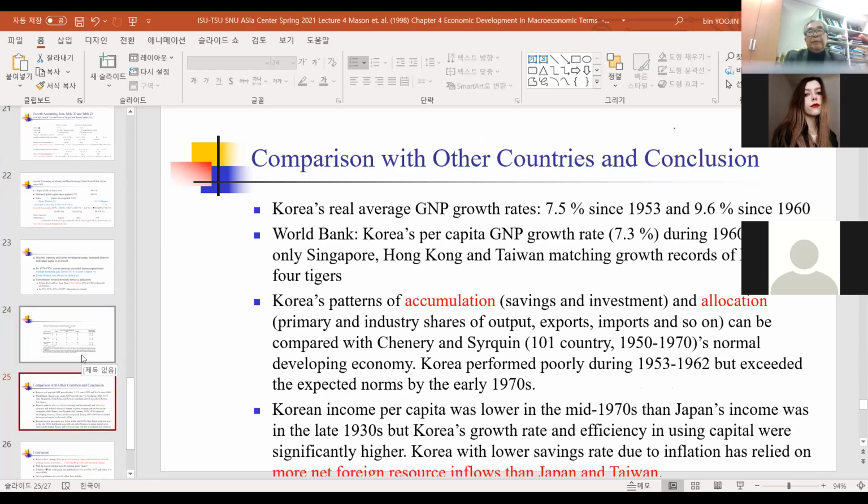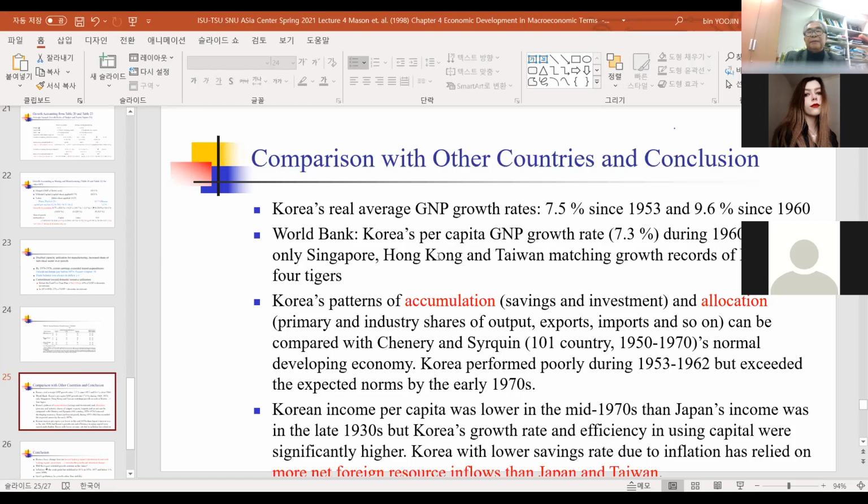So Korea's real average GNP growth rate was 7.5% since 1953, but became 9.6% since 1960. The World Bank observes Korea's per capita GNP growth rate during the 1960-1974 period at 7.3%. Only Singapore, Hong Kong, and Taiwan match the growth records of Korea, the four tigers.